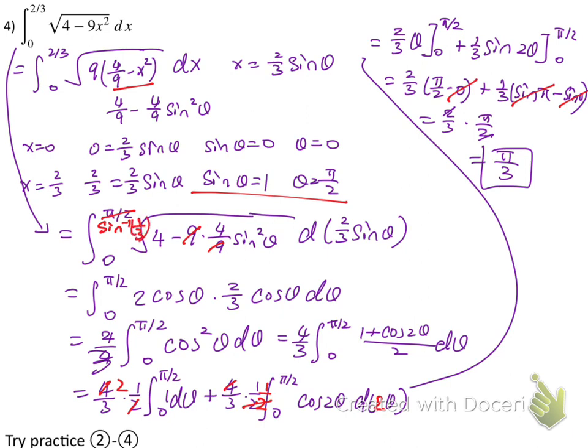When the sine ratio that you get is not a special angle, you won't have theta as a number, then you will have to use inverse sine or inverse tangent or inverse secant, which will become inverse cosine based on your substitution. Okay, now you can do the rest of the packet.